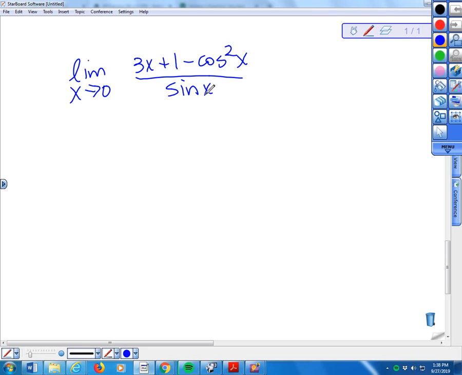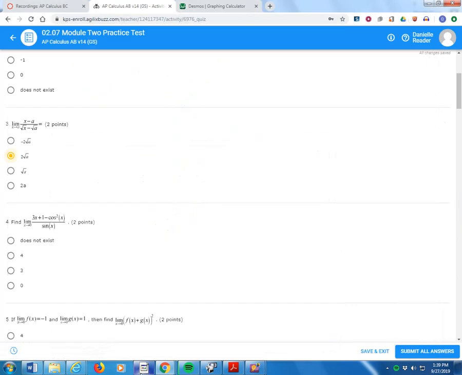Not going to work. But I could separate this. 3x plus 1 minus cosine squared over sine x. I could do that, because 1 minus cosine squared is just sine squared. Now, be careful. I can't just cancel here. And is it 3x plus or just 3x times?